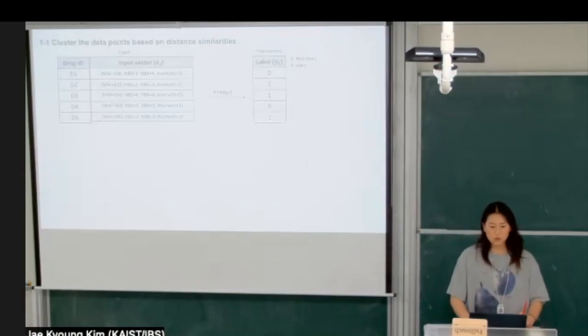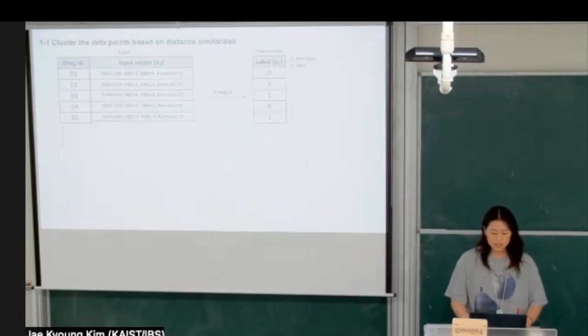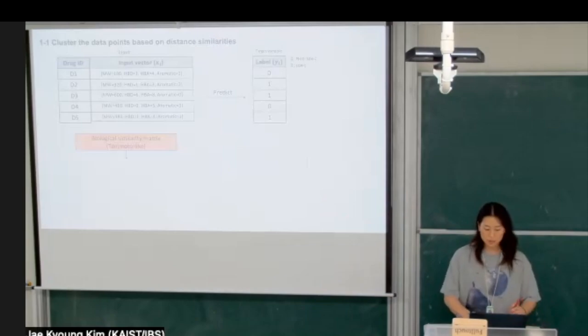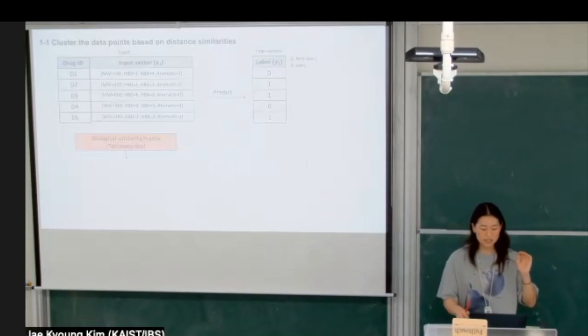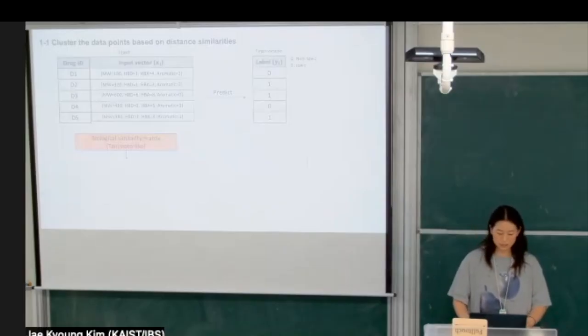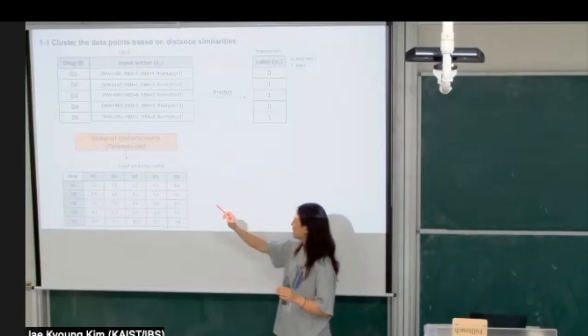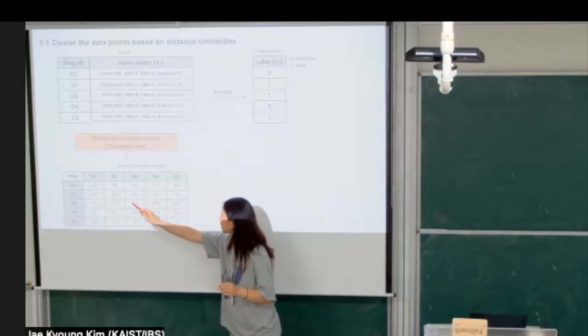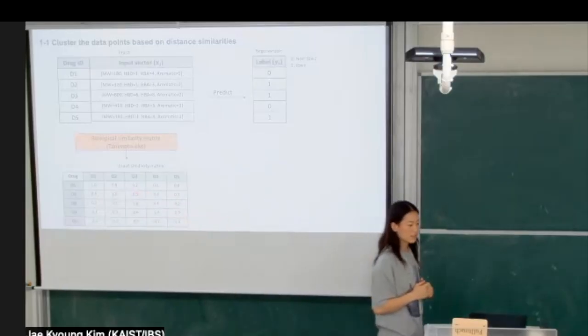And this is more of a setup for DataSAIL. What DataSAIL does is it computes a similarity matrix. I won't go into detail about this, but it basically computes a similarity matrix between each data point, like drug 1, drug 2, and it gives us a matrix like this.